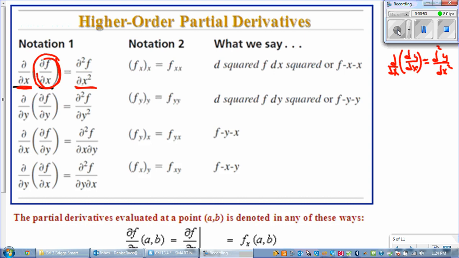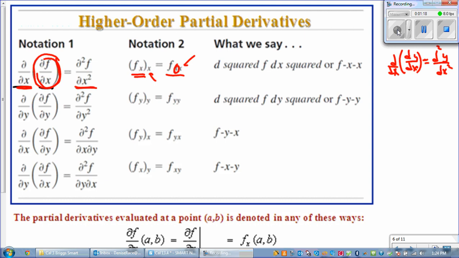Using this other notation with the subscripts, this is what's done first, the partial with respect to x, and then you take the partial with respect to x of that. And so when you see this notation without any parentheses, the one closest to the f is done first. And this is the second thing.